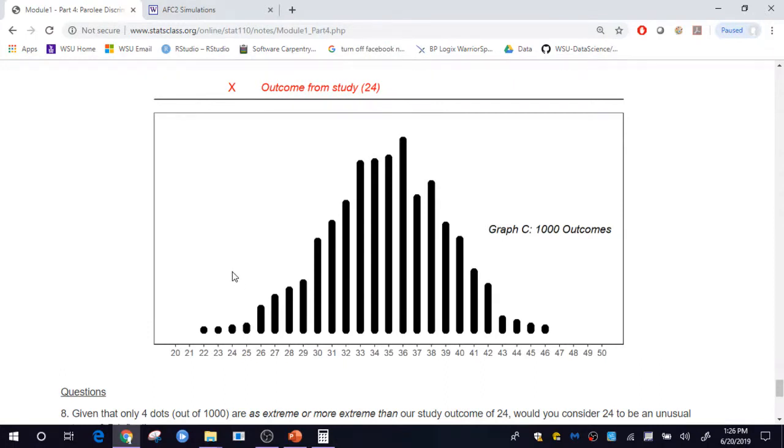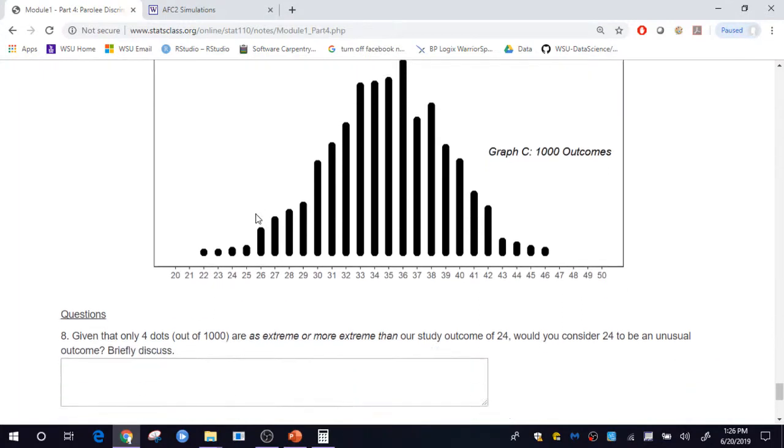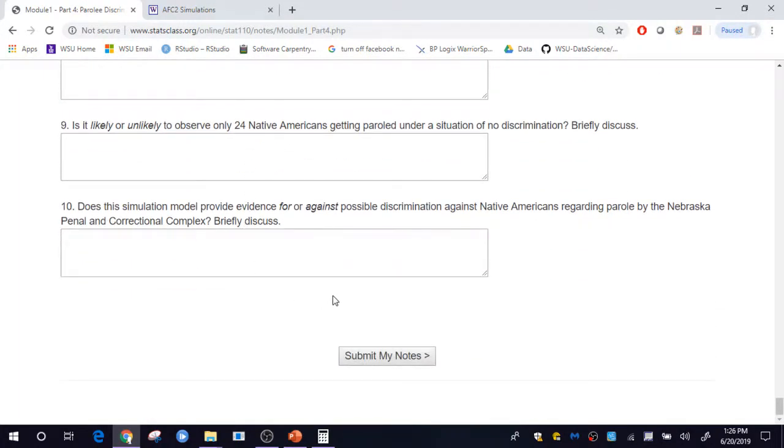So I would have evidence for discrimination. So from a statistical perspective, I would say that a value of 24 provides evidence for discrimination. So from a statistical approach, I would say that the Nebraska Penal and Correctional Complex were indeed discriminating against Native Americans regarding parole during the time of this study.